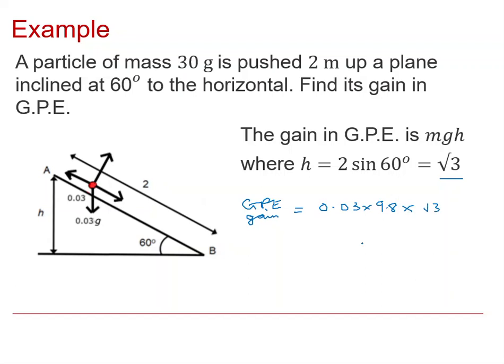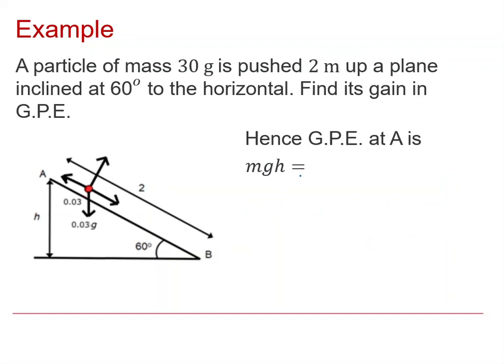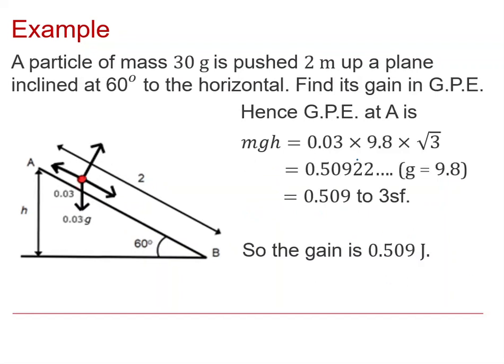Well, that calls for a calculator, so let's do the calculation, and there we have on the next slide the calculation 0.03 times 9.8 times root 3, and we've taken g as 9.8, of course, and that works out from the calculator as 0.50922.